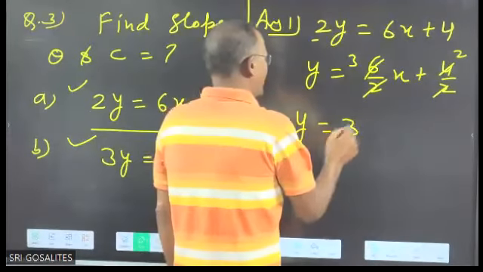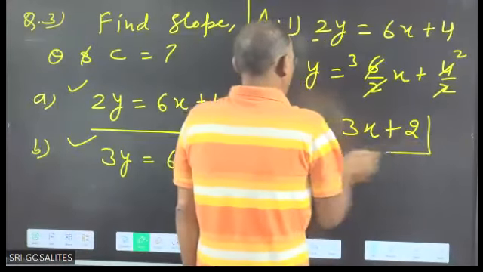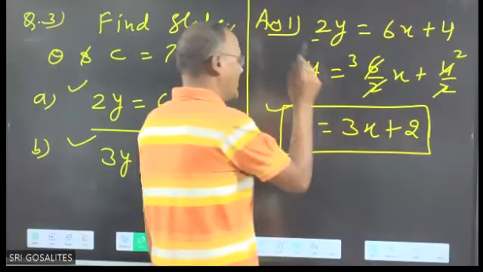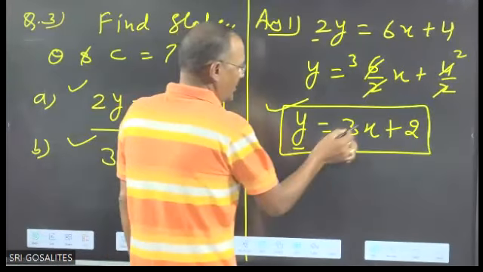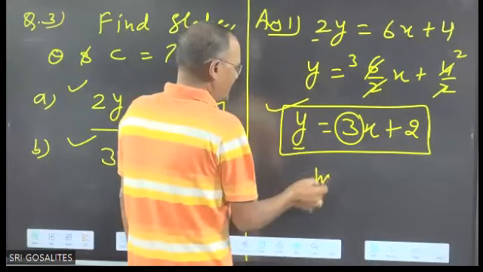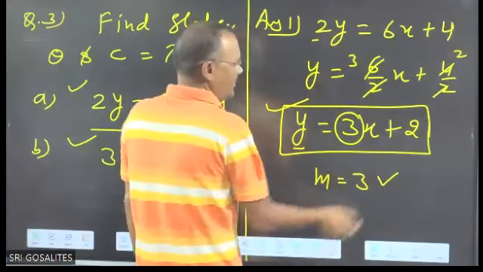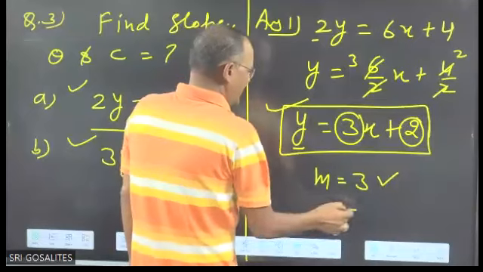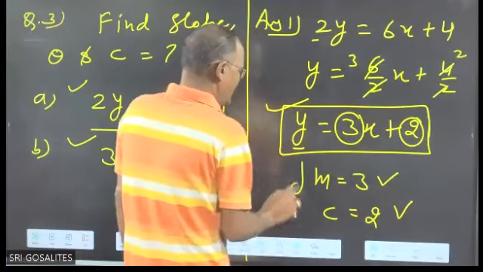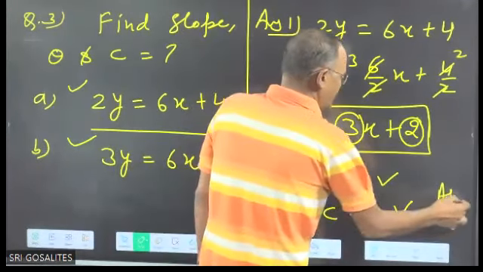What is y then? Is it not in the standard form? Yes. So y equals mx plus c. What is m? 3. What is c? 2. That is the answer to the first question.